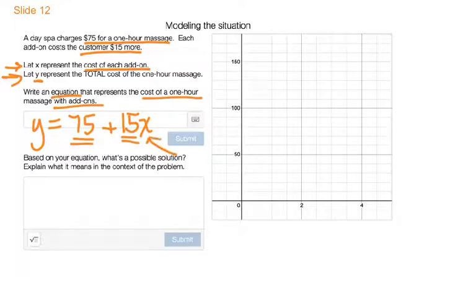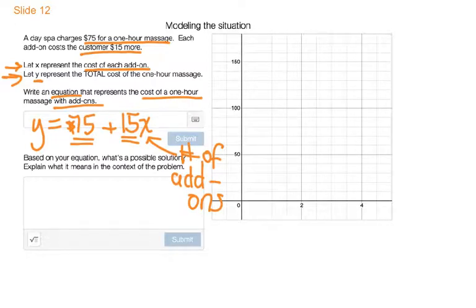X is the number of add-ons that I do, and I don't know how many add-ons I would do. However, to figure out the total cost, this is what I would write.